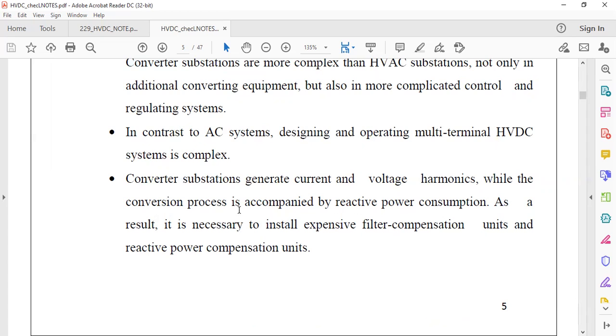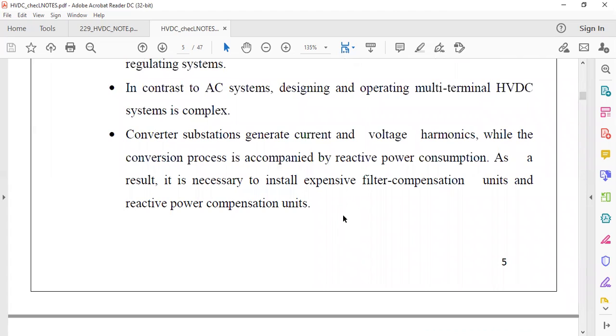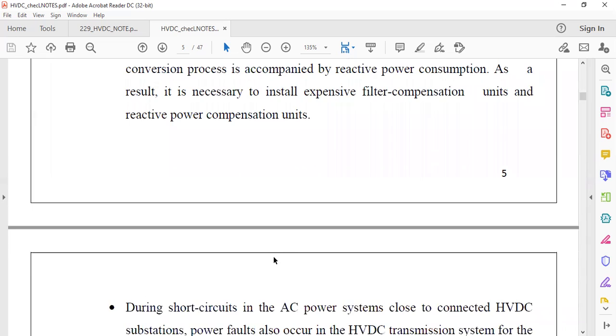While the conversion process is accomplished by reactive power consumption, as a result it is necessary to install expensive filter compensation units and reactive power compensation units. So harmonics generation will be possible in case of HVDC system. We have a separate unit on harmonics and filters, where we can discuss it. So that is one problem. We can rectify that with some filter compensation units also, okay? But that also comes under cost, so it becomes a disadvantage, okay, right?